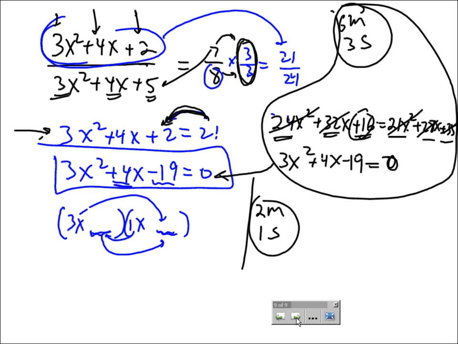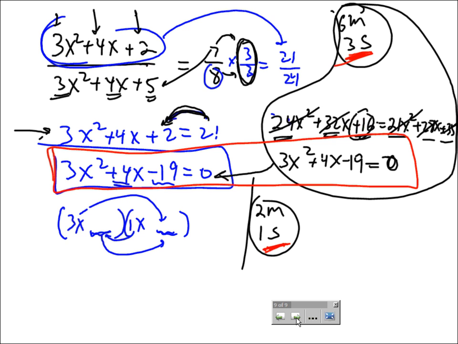And again, I didn't say we're done. We just have our quadratic equation. I got mine doing 2 multiplications and 1 subtraction. Your teacher did it with 6 multiplications and 3 subtractions. And how you proceed from here, that's between you and your paper.